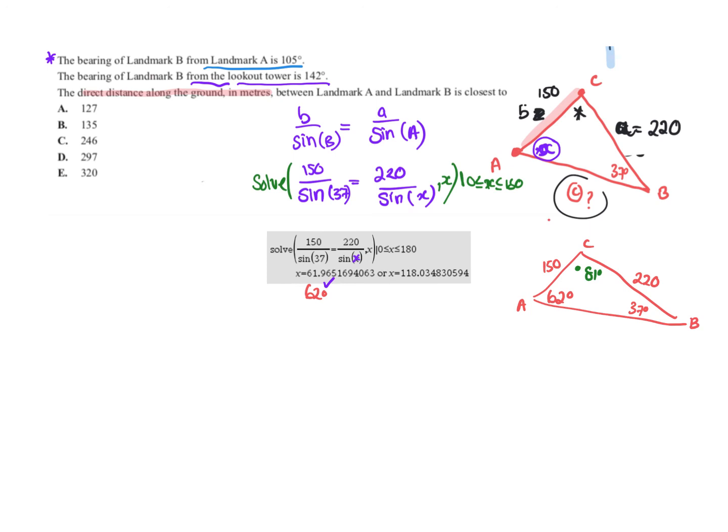And the original question is the distance between landmark A and B. So for us, it's this little C. This is the question down here.